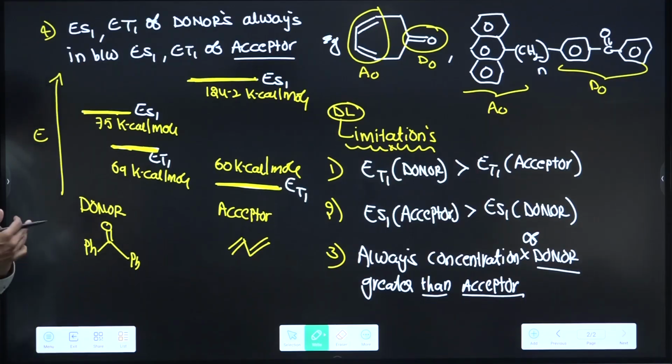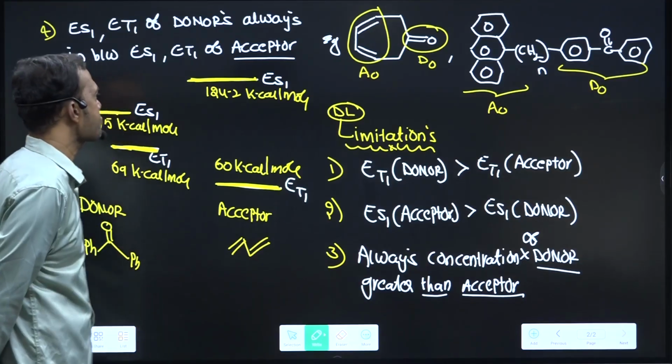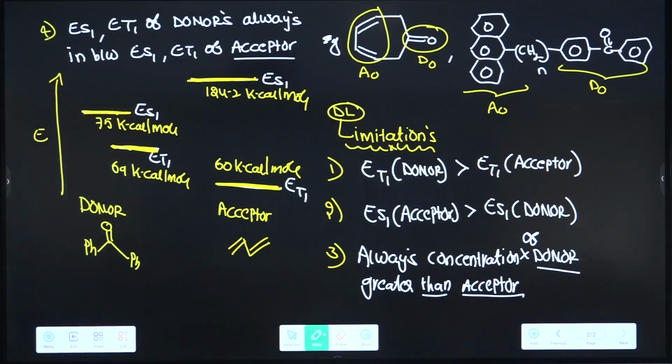Then how to generate ISC for an inefficient molecule by using photosensitization. Clear?